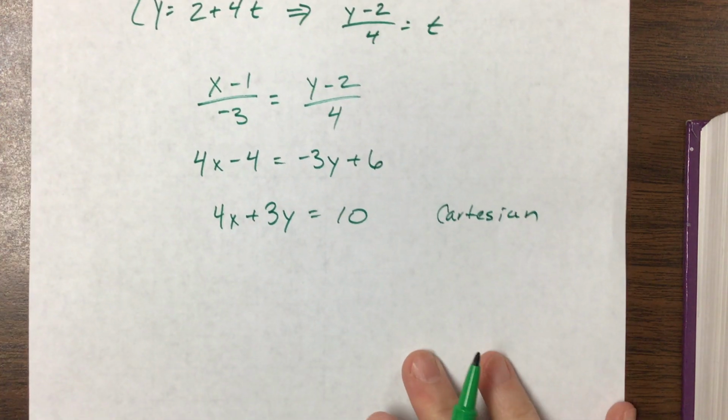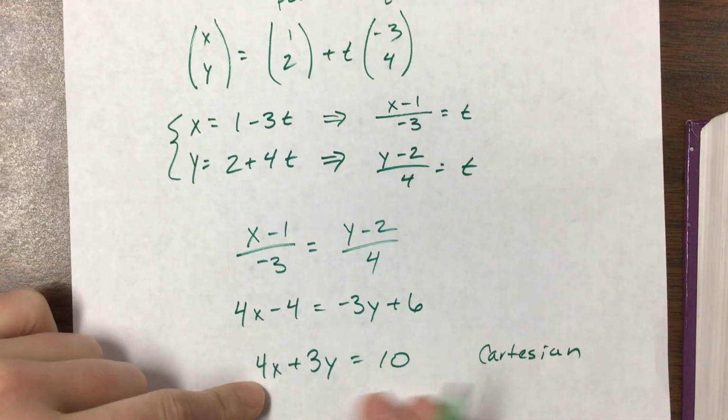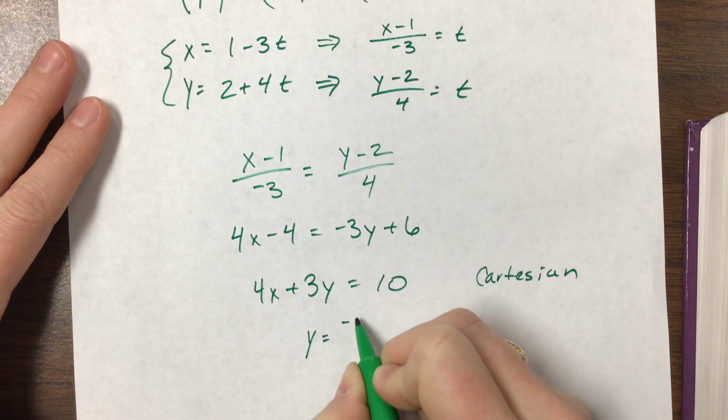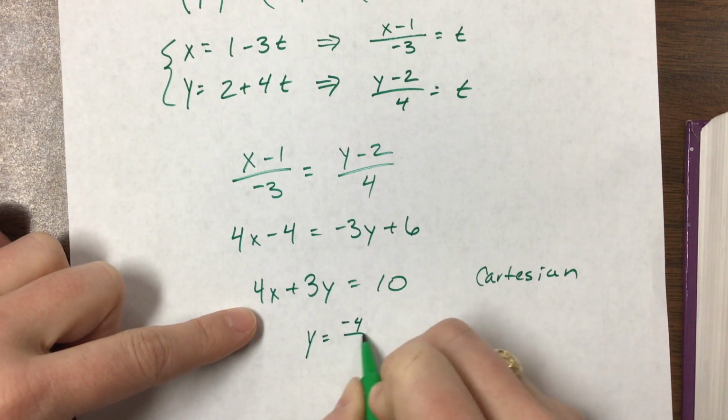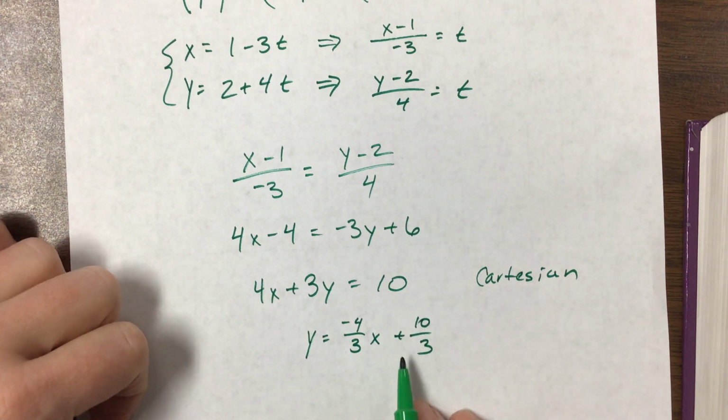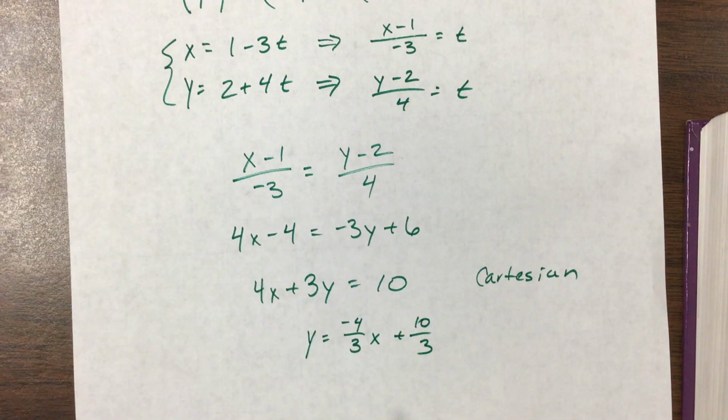Do you see this is something that you've done your whole life? If I solve for y, y is equal to negative 4 divided by 3 x, and then plus 10 over 3. So here's your y-intercept, there's your slope.